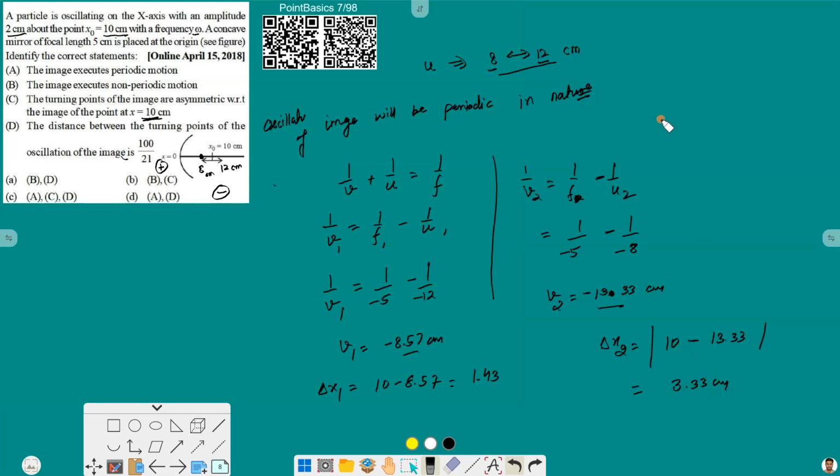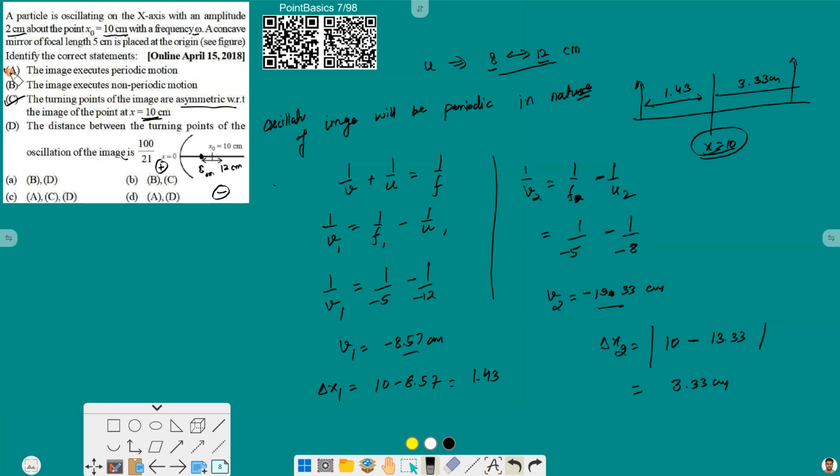So if this is x is equal to 10, on one side the image distance is 1.43, and on the other side this is 3.33. So image formation is not symmetric about this point. So it is mentioned that the turning points of the image are asymmetric.